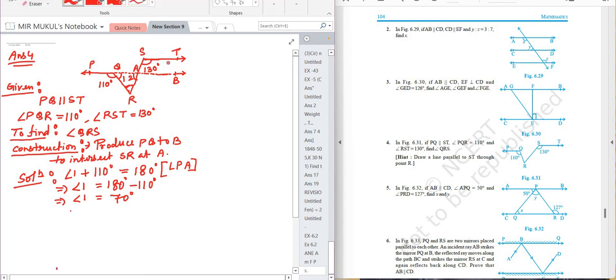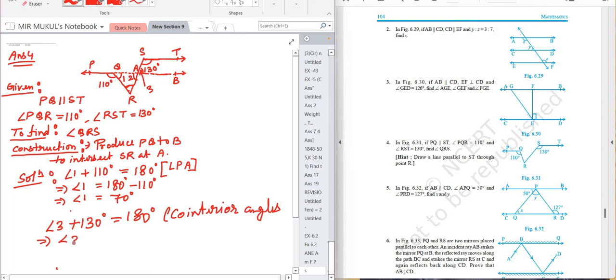Okay, angle 2 how much? If this is parallel to this, we can mention this is angle 3. Okay, this angle we can consider as angle 3. So angle 3 plus 130 equals 180 degrees because they are co-interior angles.